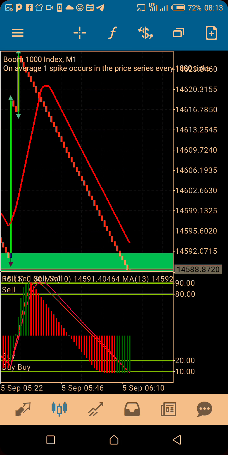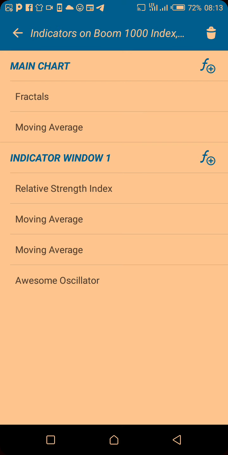You can also use some indicators if you want to be helped, like these indicators which I have below here. These are the indicators which I use. The most important are the moving average, the relative strength, and also the awesome oscillator. They help you identify things.